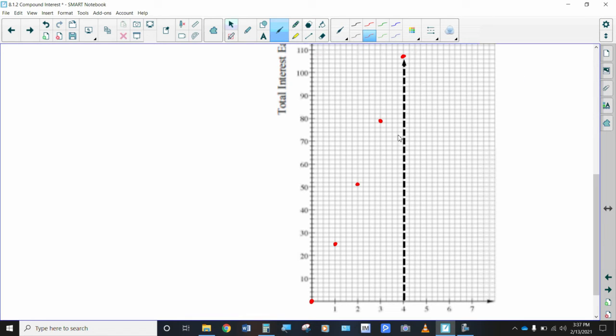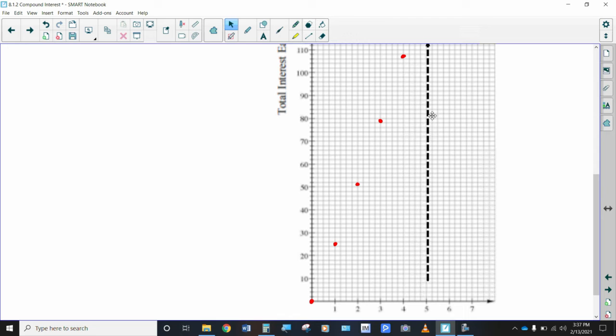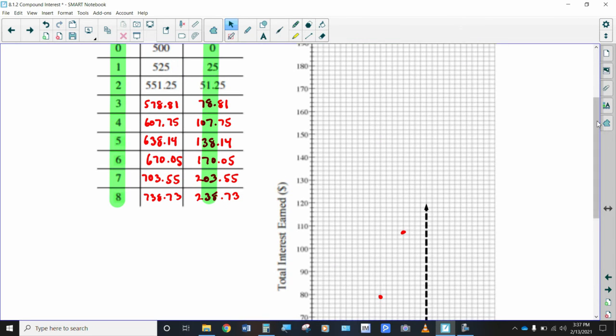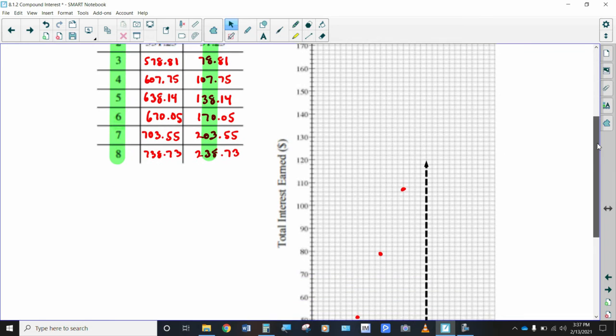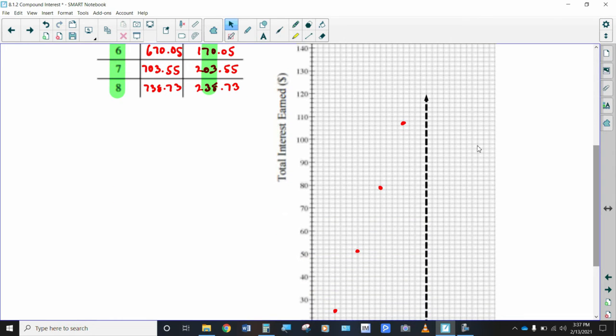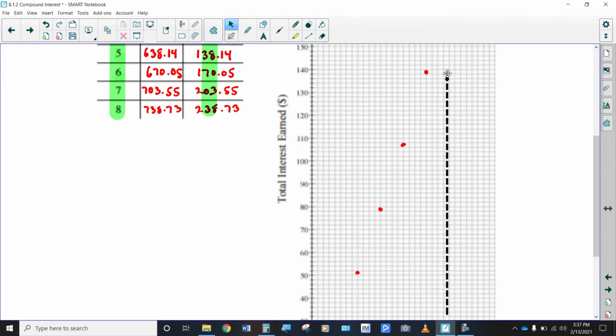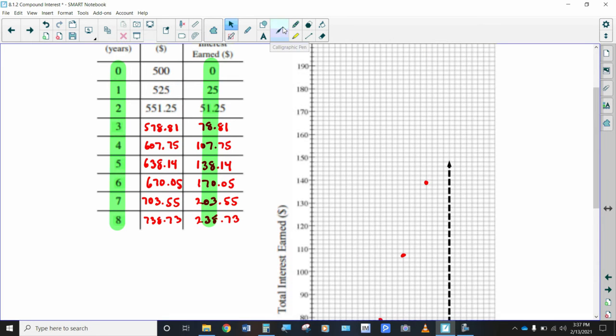Okay, and then year 5 is going to be where? $138.14. So I'm on this line, a little bit below it. Okay, and make sure that's the right one. Yes. Wait.